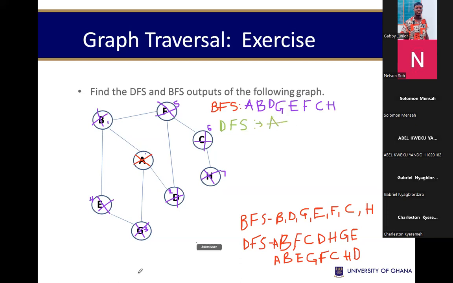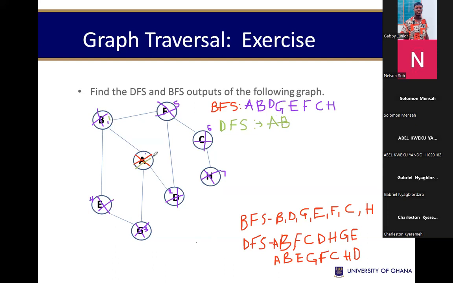Now, once I have A and I'm dealing with DFS, DFS tells me I need to first pick the first friend of A and then completely exhaust everything in that first friend. And that first friend here will be B. Now, in outputting B, I need to make sure that I have all the nodes of B taken care of.